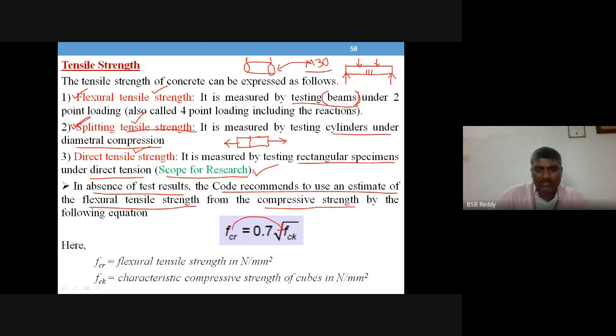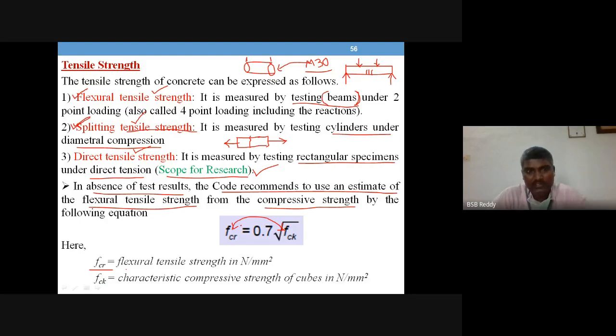If the compressive strength is high, flexural strength is high. If compressive strength is low, flexural strength is also low. So fcr is the notation for flexural tensile strength.